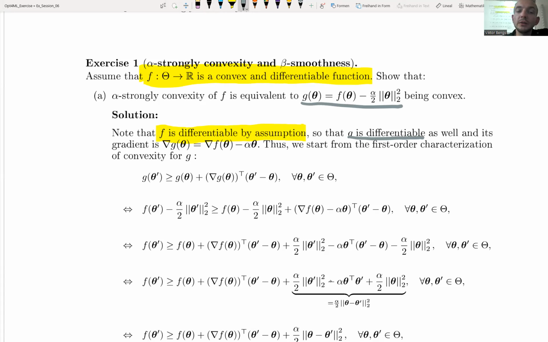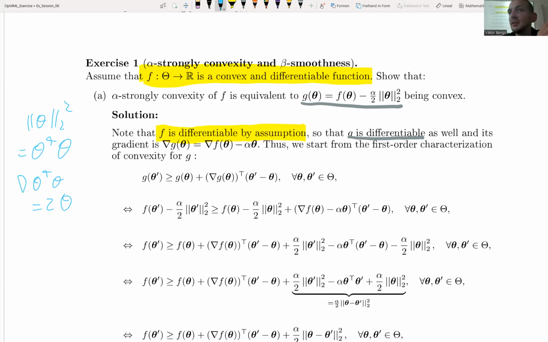And what is the gradient? Well, simply applying the sum rule for gradient calculations, the gradient of g is the gradient of f of theta minus the gradient of the squared Euclidean norm. By now you should already know this, but nevertheless, the squared norm of theta is nothing else than the inner product of theta with theta itself, and the gradient of this is 2 times theta.